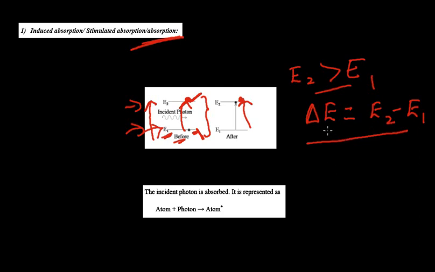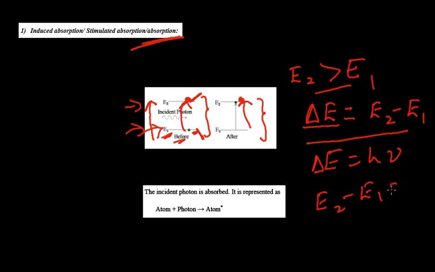Now, because delta E is equal to E2 minus E1 and we know that E is equal to h nu, here energy is how much? Delta E is equal to E2 minus E1. So in the place of E, we'll write E2 minus E1 is equal to h nu.